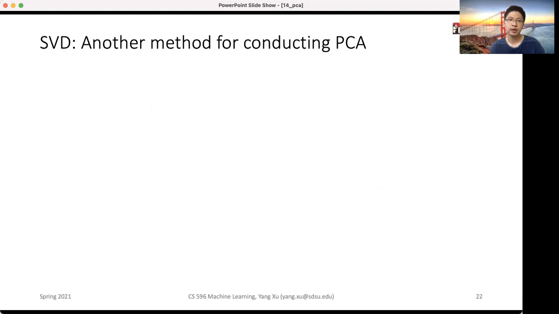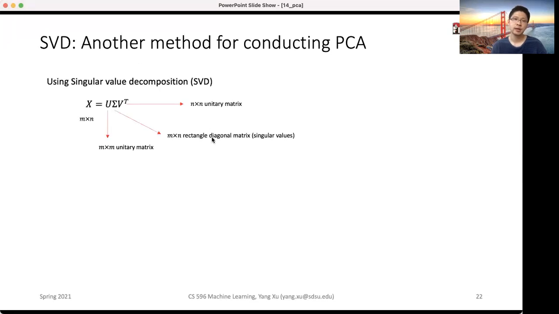But in practice, we have another, more efficient and faster way to conduct PCA, which is called singular value decomposition, or SVD for short. You don't need to compute the covariance matrix as we did. We can directly decompose the data itself.